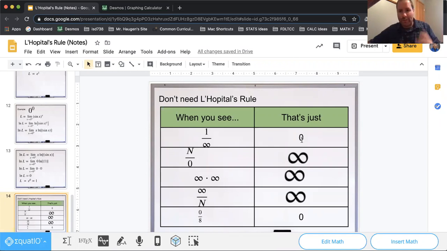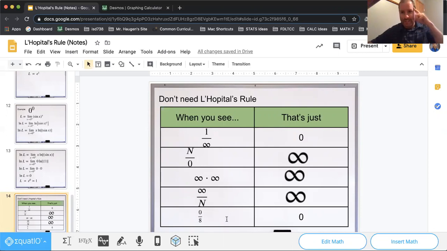If you have some number over 0, that's probably going to explode and become infinity, positive or negative depending on the direction. Or if you have infinity times infinity, that's just really, really big. We're taking a big number times another big number. It's just going to get super big. The same thing, infinity over a number, is just infinity.